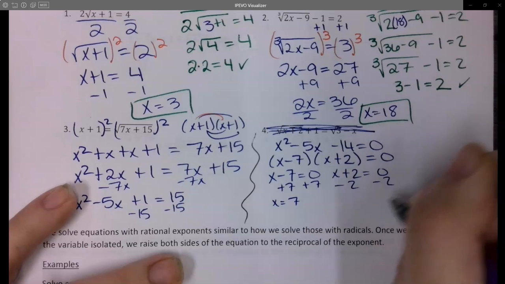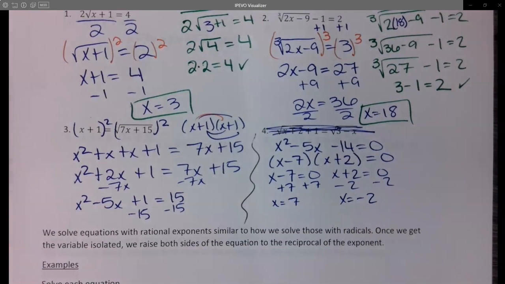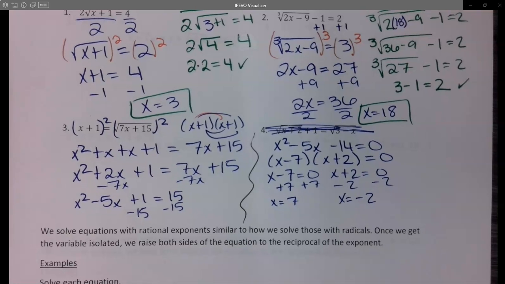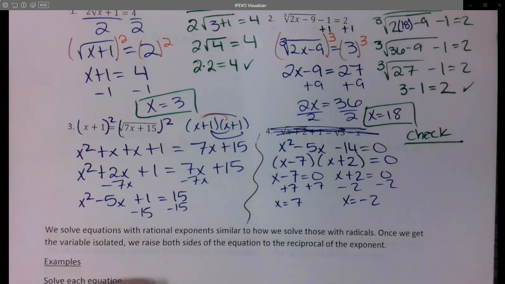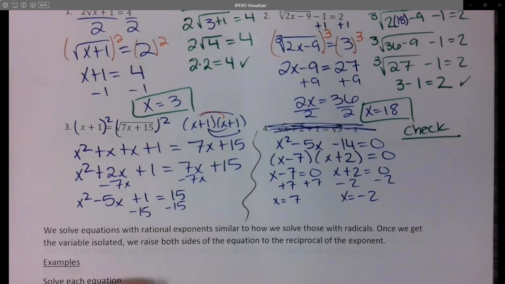On the second one, I want to subtract 2. Then I want to go ahead and check my numbers to make sure they both work. The first one I'm going to plug in is the 7.